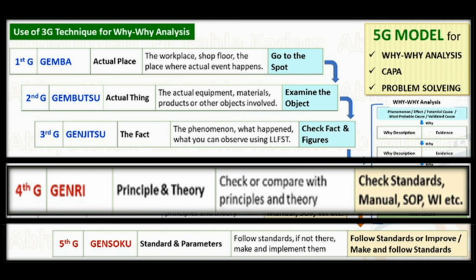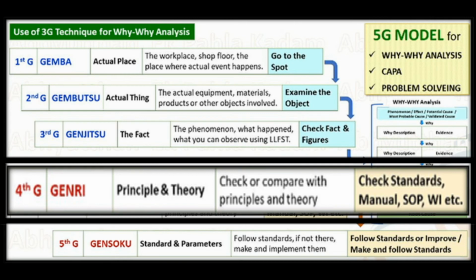You have to check that with Genri, compare with the principles and theory, your standard, your manual, SOPs and WIs, whatever is available at the particular place, meaning the Gemba, the location where things happen. So the 4 pillars of this 5G model we have completed.